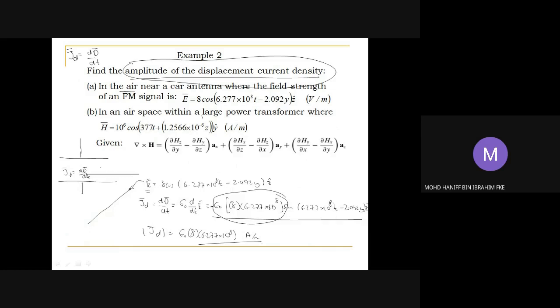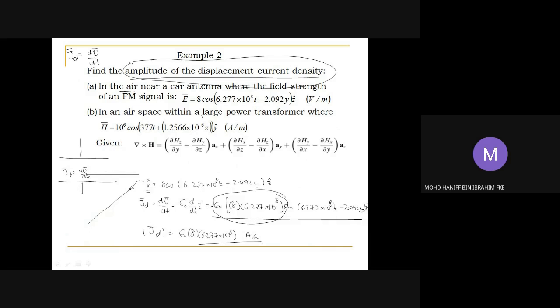So this is what we can say about the wave propagation in our real world environment, in which the wave basically is based on this concept of the time varying field. The wave that we have here in the real world is basically a current, displacement current to be exact.